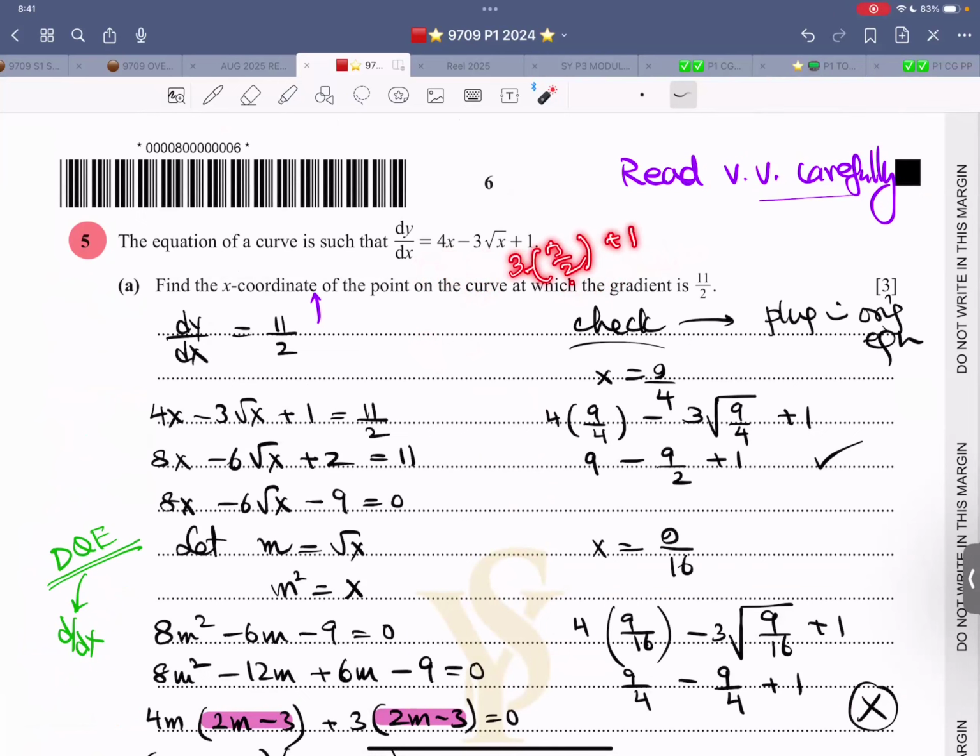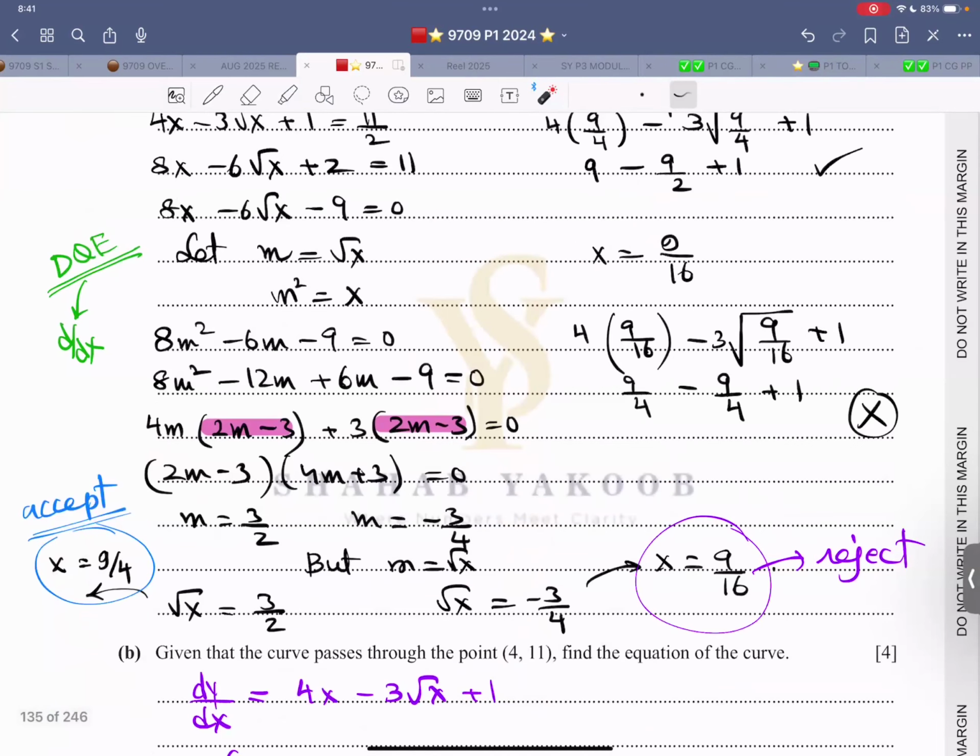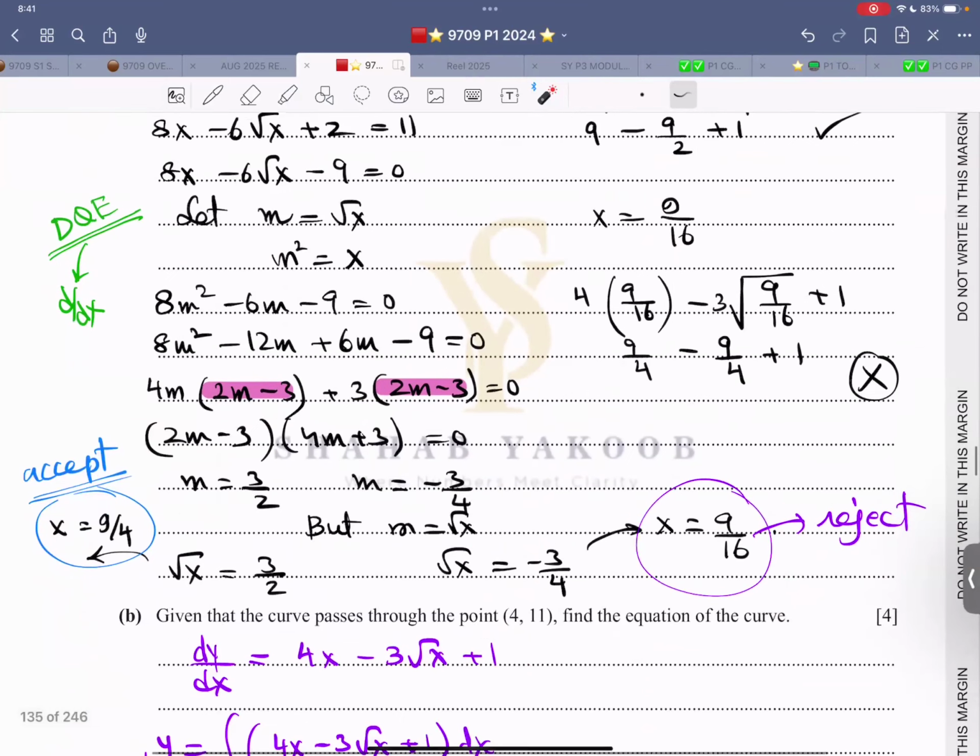So that is 9/2. And this is 4. So 4 plus 1 is 5. 5 plus 9/2, 4 plus 4.5, this is 8.5. And one of them is giving me the right answer. The other one will not be giving me the right answer. So that is the logic.